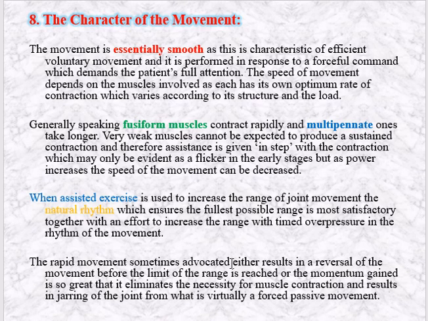The rapid movement sometimes advocated either results in a reversal of the movement before the limit of the range is reached, or the momentum gained is so great that it eliminates the necessity for muscle contraction and results in jarring of the movement, which is virtually a forced passive movement. So always avoid rapid movement. If we perform exercise in a natural rhythm, then it is possible to gain the range hopefully in the early stages.